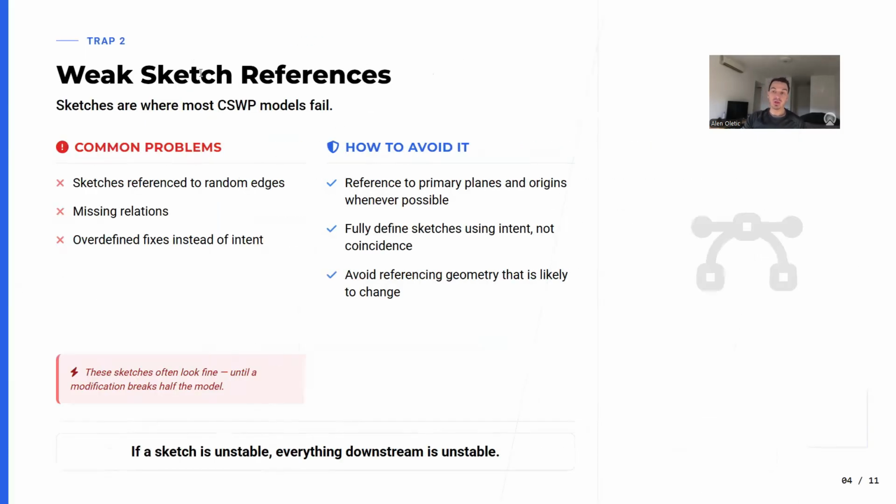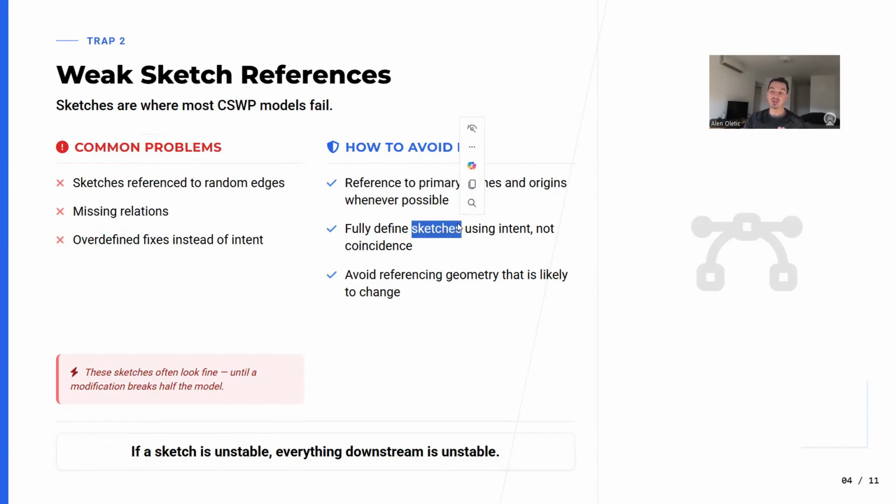Trap number two, weak sketch references. Sketches are where most CSWP models fail. The common problems are sketches referenced to random edges, missing relations, and overdefined fixes instead of fixing design intent. So how can you avoid these things? You can reference the primary planes, right? The original planes of your part document and origins whenever that's possible.